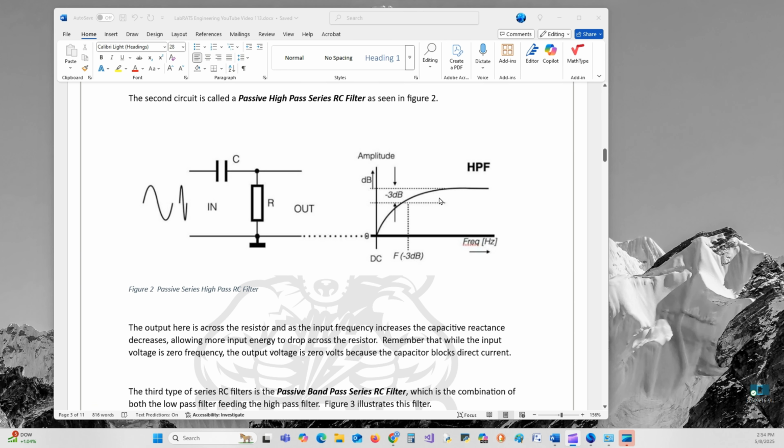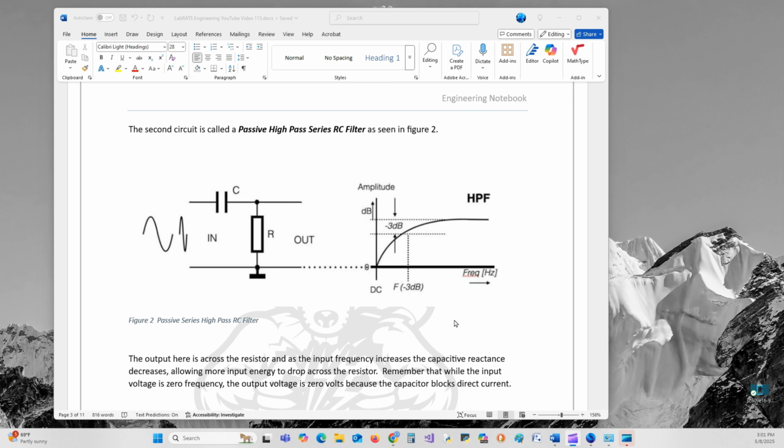The second circuit is called a passive high-pass series first-order RC filter, as seen in figure 2. Now the capacitor and the resistor swap spots, and the output now is across the resistor. But as the reactance of the capacitor is very high at low frequencies, no current passes through the filter.